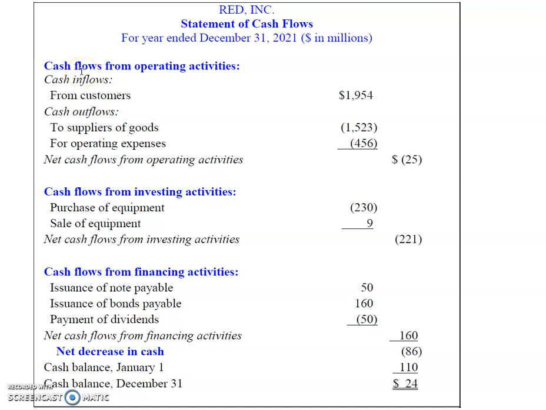Okay, students, I was trying to talk fast and finish off the chapter on that last video, but didn't quite make it. So again, the statement of cash flows under the direct method.